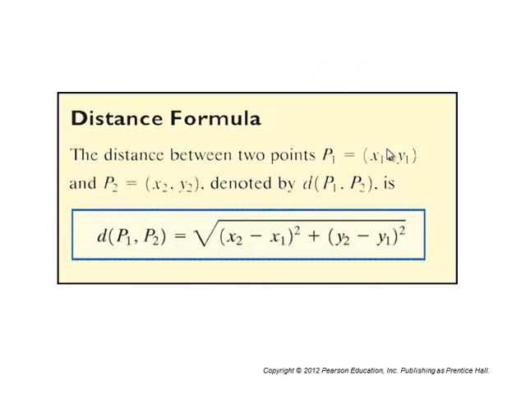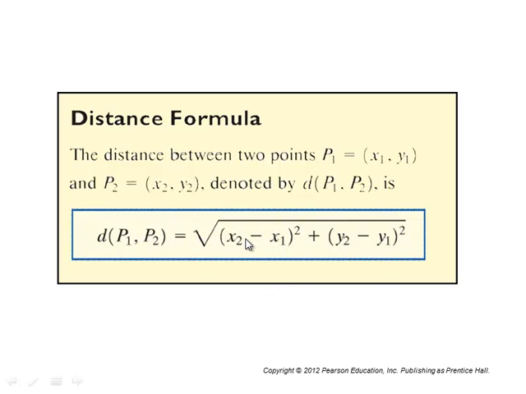And generally speaking, if you have one point, call it P1, with coordinates (x1, y1), and some other point P2 with coordinates (x2, y2), then the distance between those 2 points, which we denote as d(P1, P2), is calculated as the square root of the sum of the squares of the differences between the x-coordinates and the y-coordinates, like you see here.